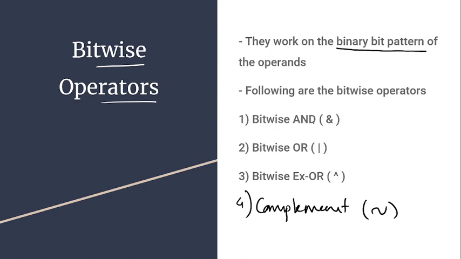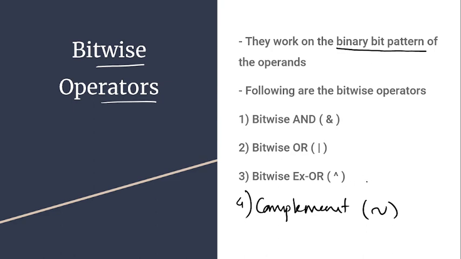The tables go quite similar to what logical operators were. So again, bitwise AND works on bit patterns, but only when both of them are 1, it will be 1. Bitwise OR, if either of them is 1, it will be 1. Bitwise XOR is like binary addition. If both of them are equal, like 1 1 or 0 0, then the answer would be 0.